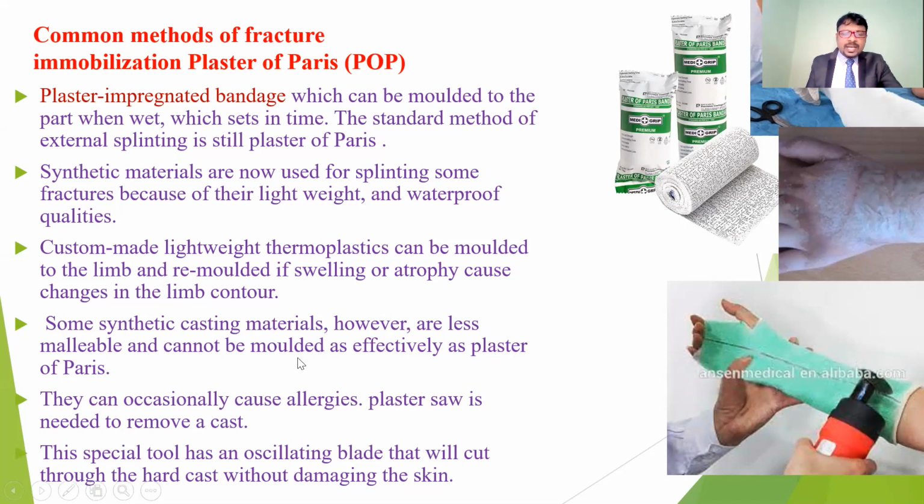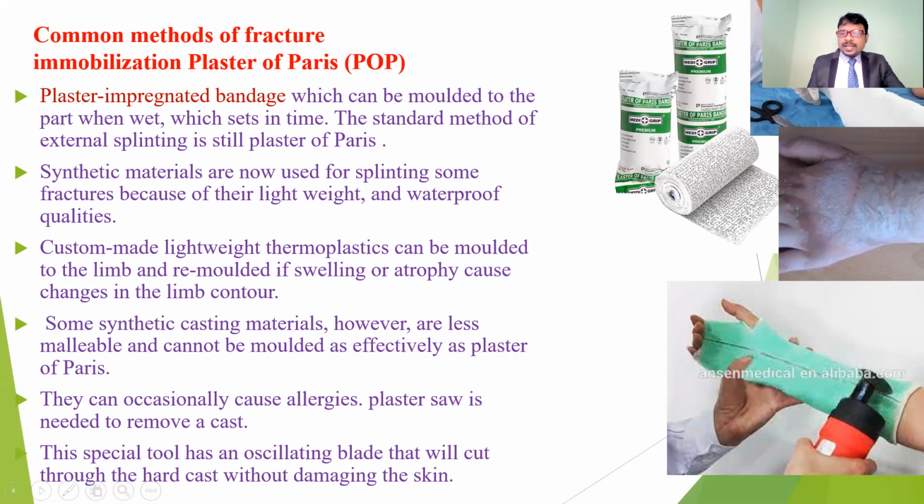Some synthetic casting materials are less malleable and cannot be molded as effectively as plaster of Paris. Both have advantages and disadvantages. In some conditions POP has more advantage, and in others the synthetic material does, depending on the condition and the person. If they are kids playing in the water, POP is not suited for them. We will discuss the advantages and disadvantages here.